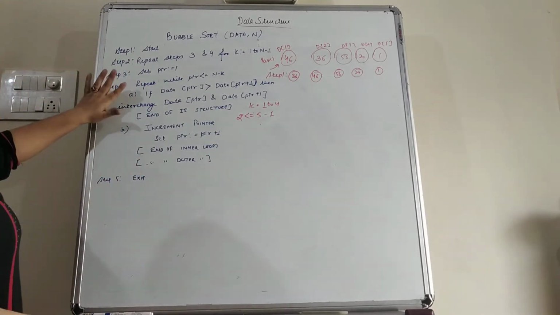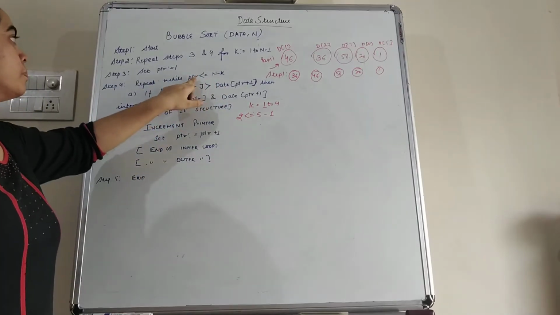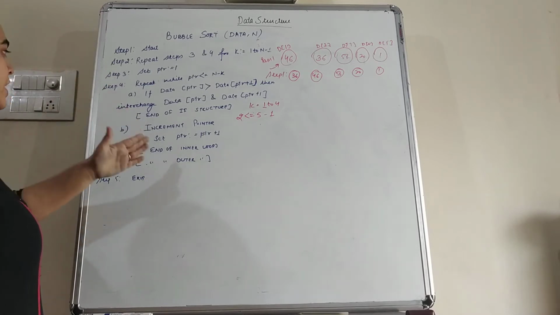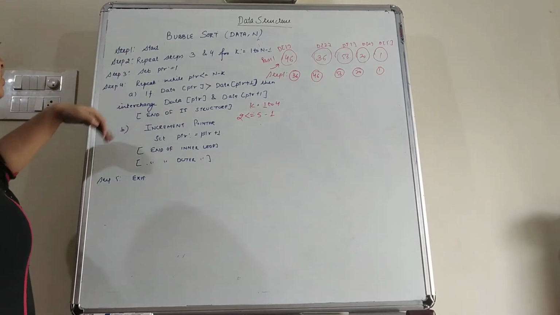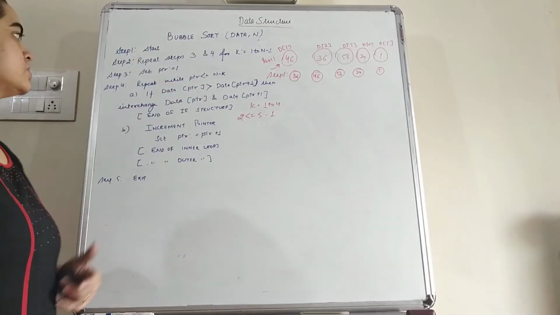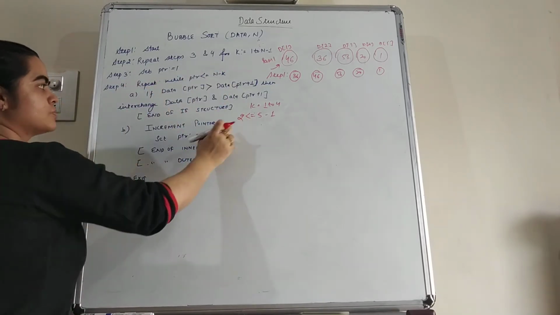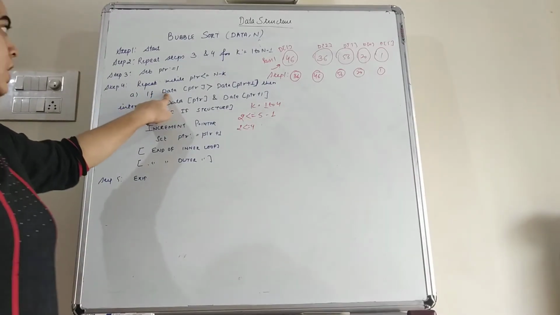Again you have to go to this step until this condition is true. Because this is the inner loop, once it is false only then we can go to the step number 2. And if it is true, that means we have to repeat these steps again and again until this condition is false. So now the PTR is 2 but N and K remain same. So 2 is less than equal to 4, yes. Then data of PTR.